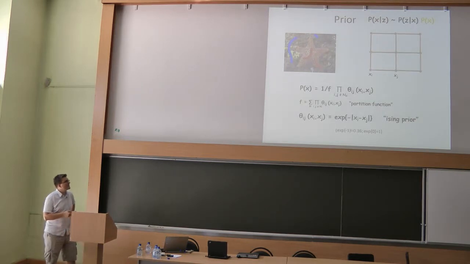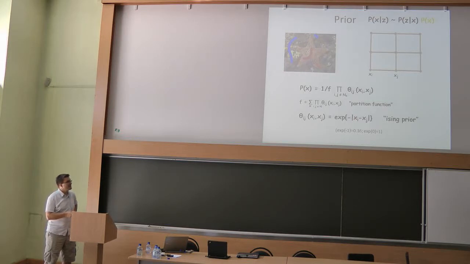So we encode that as this so-called Ising prior. There's an exponential of minus the difference of these two pixels. So the bottom line is if they are the same, 0, 0 or 1, 1, you get a 0 here, so exponential 0 is 1. Or if they're different, 0, 1 or 1, 0, it's a 1 here, so it's exponential minus 1, which is 0.36.